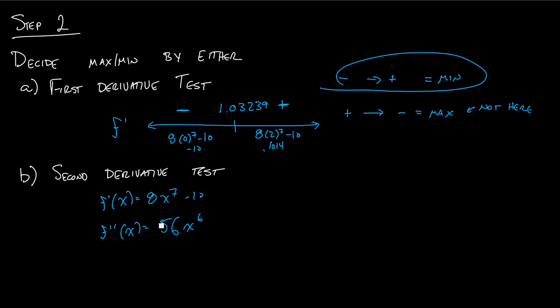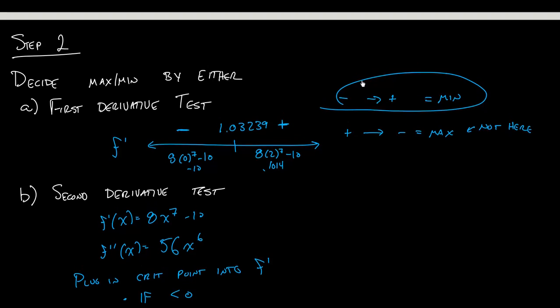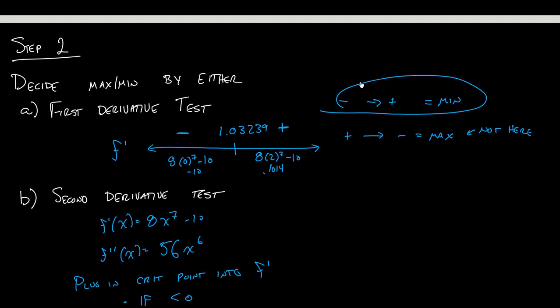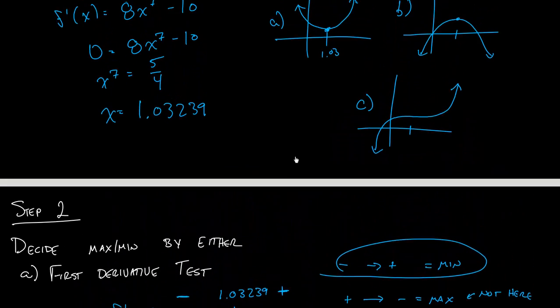And how does the second derivative test work? You plug the critical value into f double prime, and you have two options. If it's less than 0, what does that mean? It means it's concave down, right? That's what f double prime being less than 0 means.